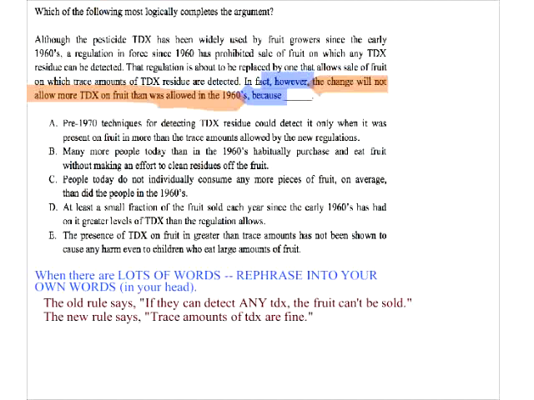Like what claim, text box please, what claim are we actually trying to argue against here? The argument says, however, the change will not allow more TDX to be on fruit. So what are we arguing about?